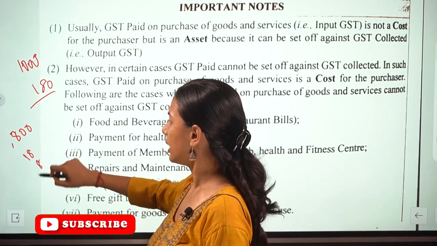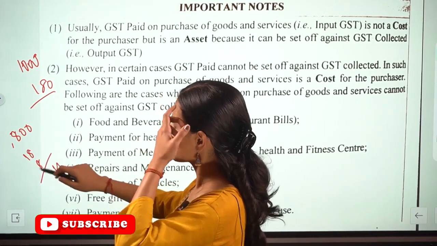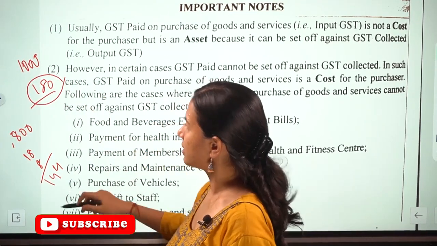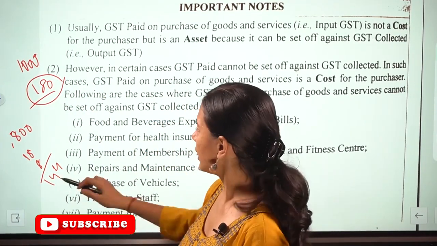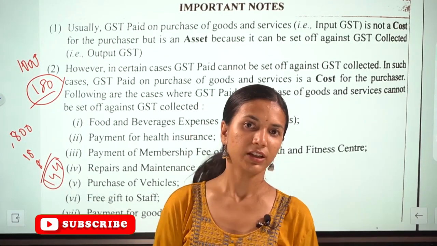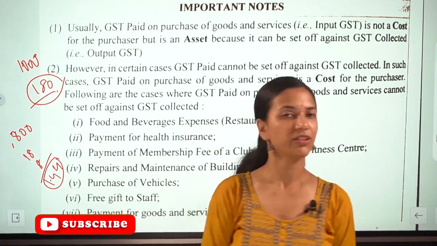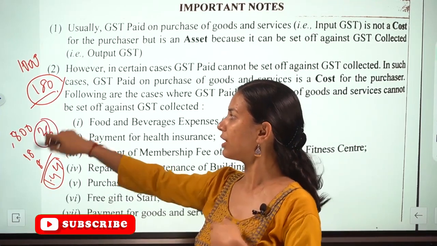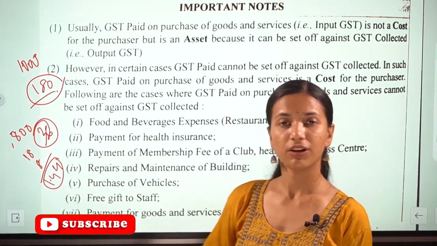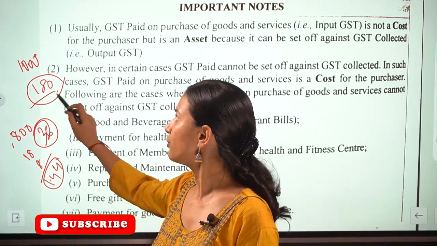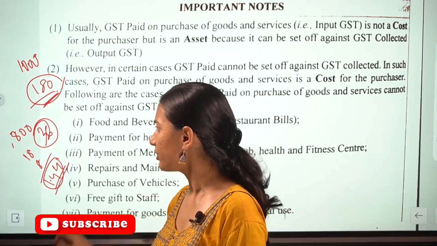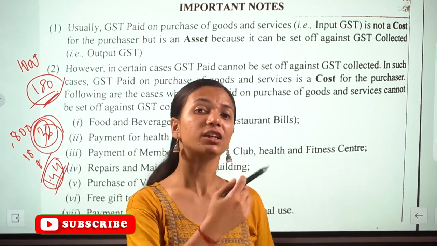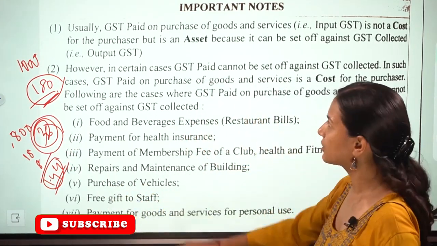So 18% of 800 is how much? 144 rupees. So you were to pay 180 and you are getting 144. That means this 144 can cancel against it, and there is a minus balance now. 36 rupees you have to pay. In this case, you were paying 180 and you are getting 144. That is a loss because you need to pay 36 rupees extra. So that is what they said.